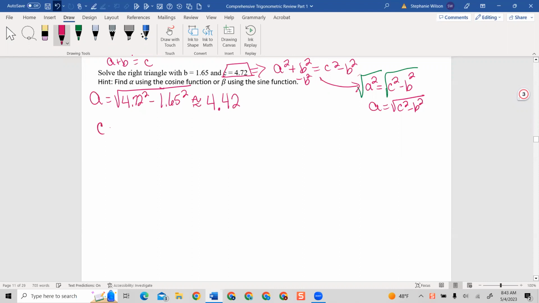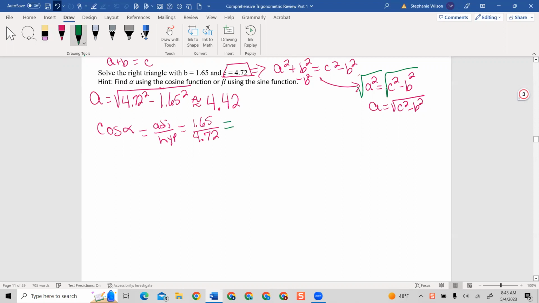So now let's use cosine of alpha, which we know is adjacent over hypotenuse. Adjacent is going to be the 1.65 over the hypotenuse, which is 4.72 in this one, okay? So let's do one extra step. I don't want to put it in decimal form too soon because it can get messy.